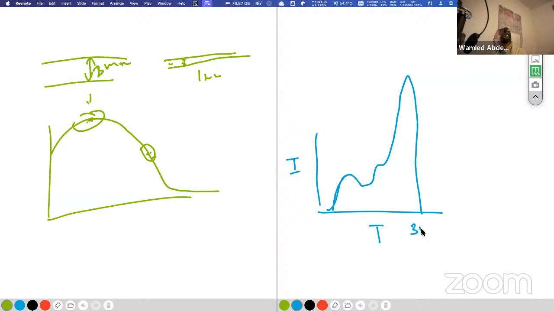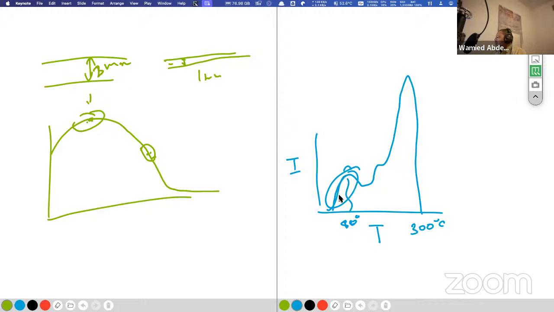This is at around 300 degrees Celsius, and this here would be something around, let's say, 30, 40, 50 degrees. After we irradiate the TLD, we measure the intensity of light as a function of temperature.